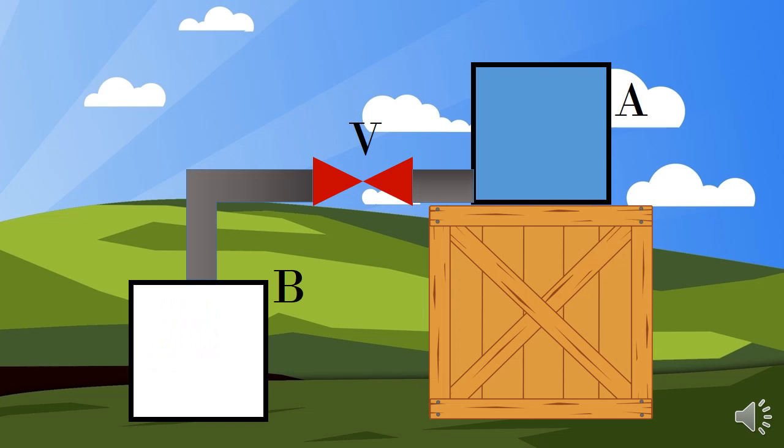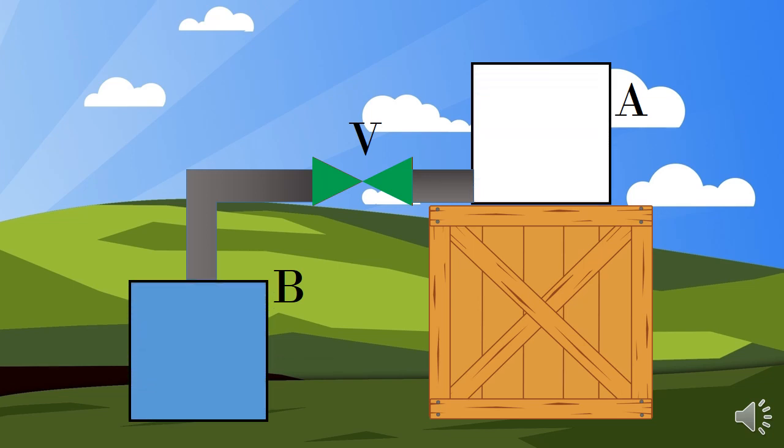So here we have two tanks A and B, wherein A is filled with water and B is empty, and they are connected through a valve V, which is closed right now. What will happen if I open the valve? Now I have opened the valve, and as you can see, all the water from tank A has flown to tank B. The valve is still open, but now the water from tank B is not flowing to tank A. Why is that?